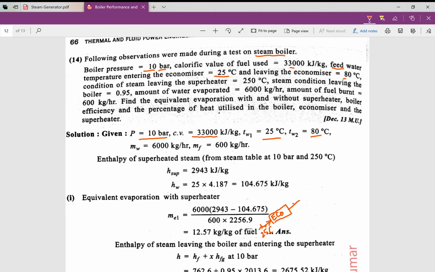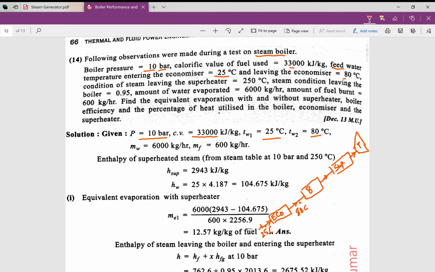Hot water at 80 degrees centigrade goes to boiler, okay. Then from boiler it will go to superheater like this, and then finally steam from superheater goes to turbine.